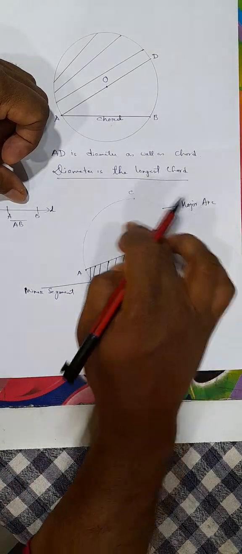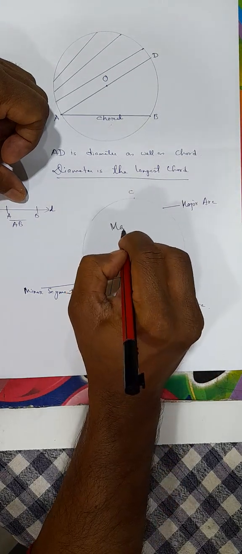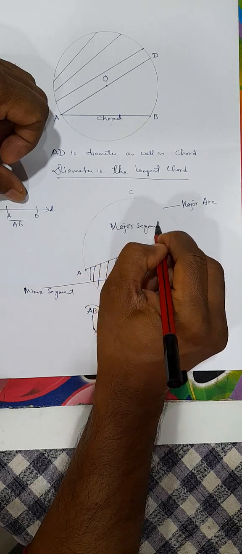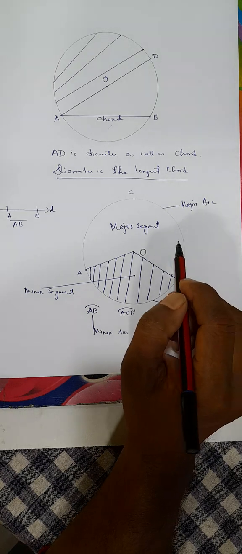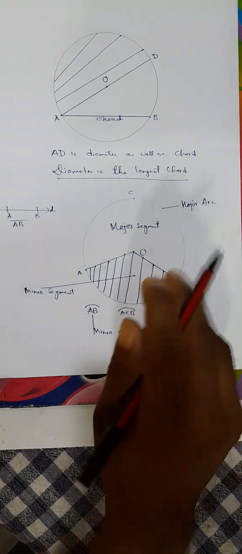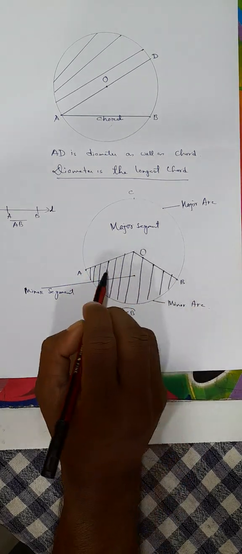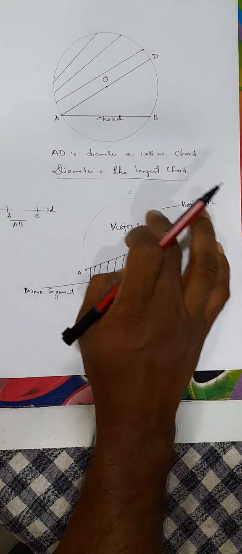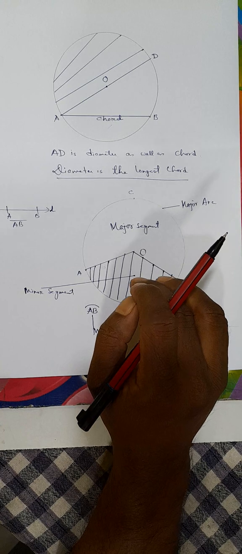Whereas this region, which is greater than this shaded region, we call the major segment. So towards the major arc you get the major segment, and towards the minor arc you get the minor segment. This shaded region is called the minor segment, and this unshaded region, which is larger, is called the major segment.